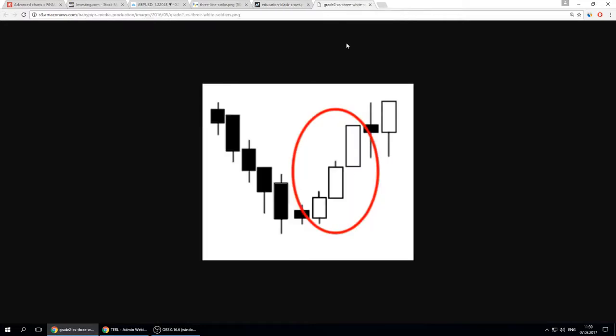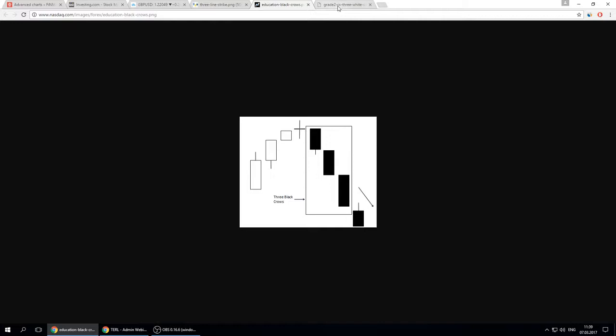The opposite with the 3 white soldiers: they should be taken into consideration when they appear on the bottom of a downtrend, and they can show us that the situation on the market has changed, and now the bulls dominate here. So basically, pay attention. These are pretty interesting patterns of the market.